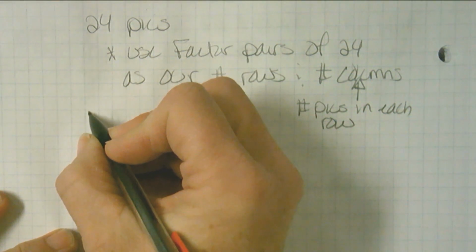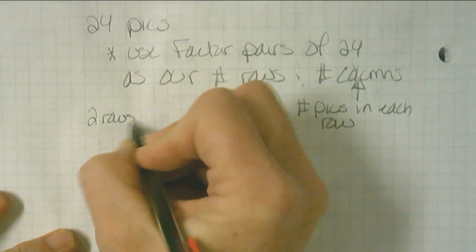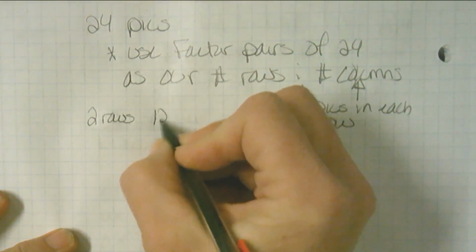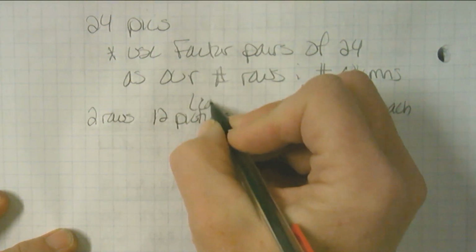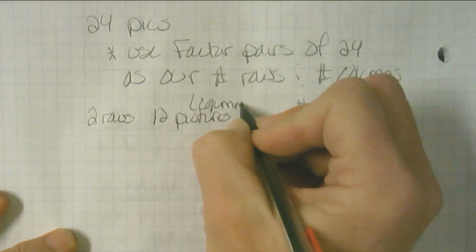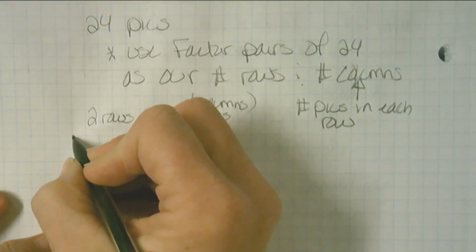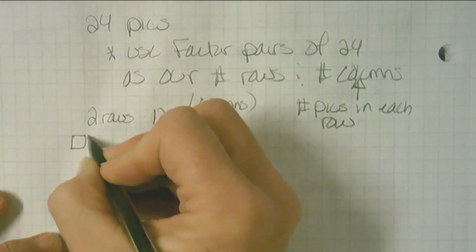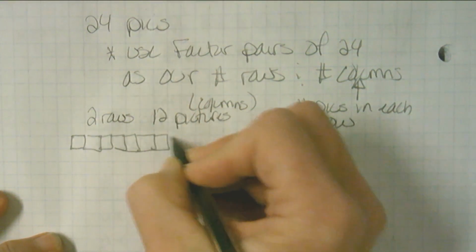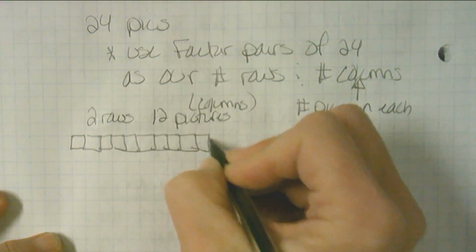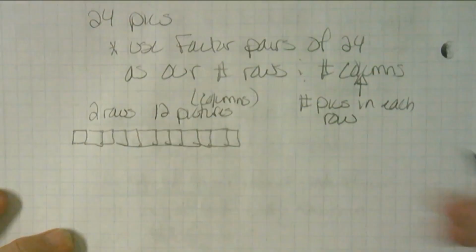So one of them is 2 rows and 12 pictures or columns. So if I was to draw that, I have 1, 2, 3, 4, 5, 6, 7, 8, 9, 10, 11, 12.